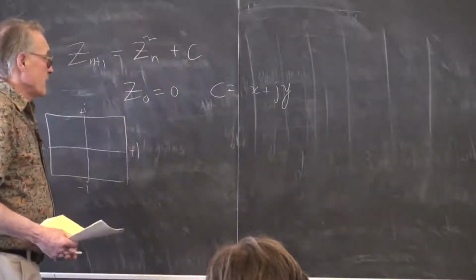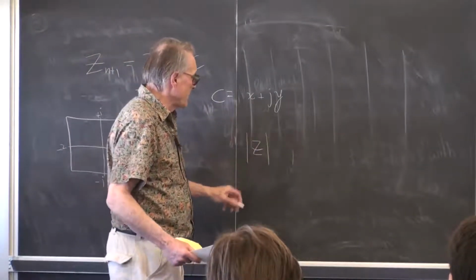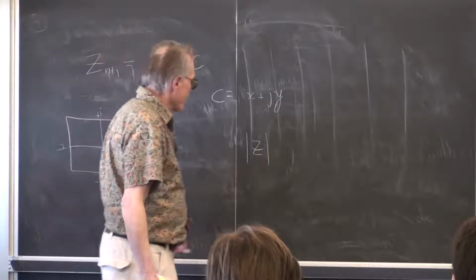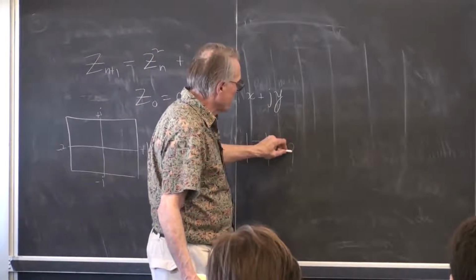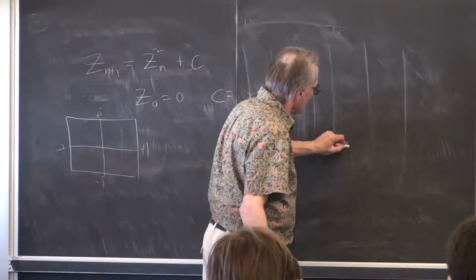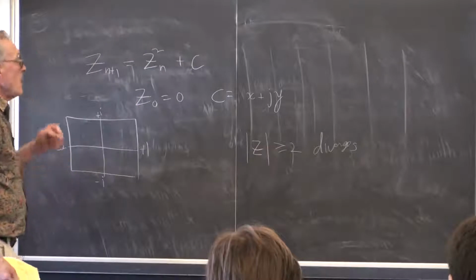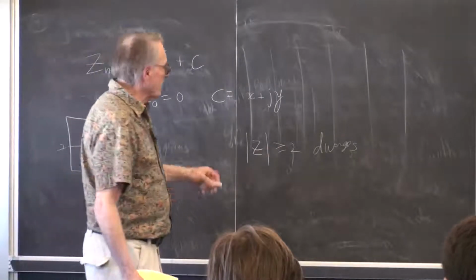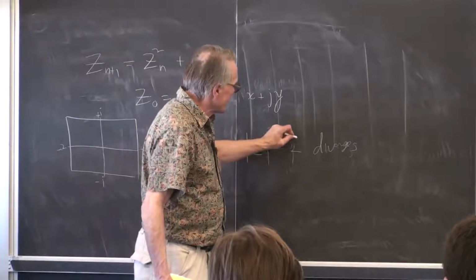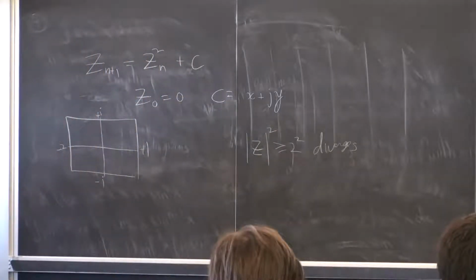And in fact, you can show that if at any time the magnitude of z is greater than or equal to 2, the system diverges, and therefore you can stop the calculation on that point. Now, in reality, what you're going to do is square both of those so that you don't have to take a square root to get the magnitude.